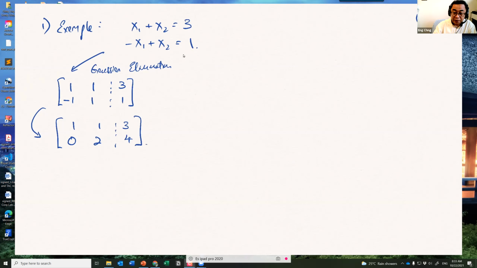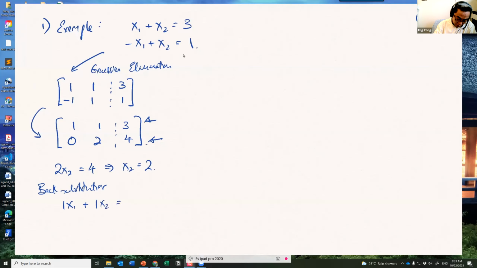So in this representation, we already can find the solution because we can solve this equation. It is already obvious that 2x2 equals 4, implying x2 equals 2. And then we do back substitution. And we work it backwards because we are now taking this equation here, which is 1x1 plus 1x2 equals 3.